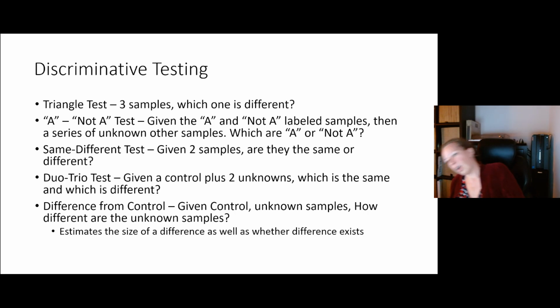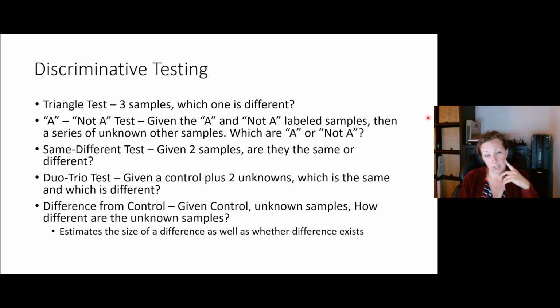And so I'm not going to go through each one and exactly how that is. But let's say, for example, okay, same different test. You only have 2 samples. Are they the same or different? So your chances of guessing that right are 50-50, right? Versus the triangle test, I have 3 samples and one is different.